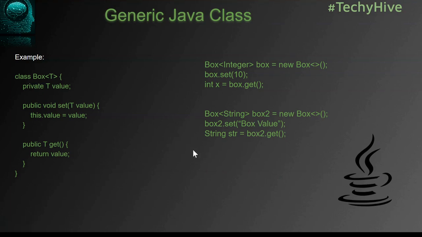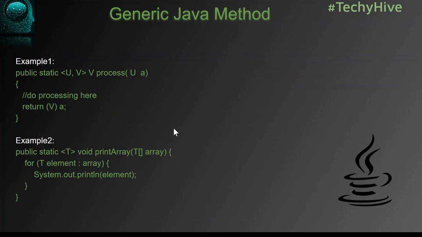Let's go to the generic method next. Here we have given two examples of generic method. In the first example, we have specified two generic types U and V, and we are returning V from the method process and passing U as the argument. In the body, we are just processing this A, and after processing is done, we are returning V. So this is the syntax of writing generic Java methods.